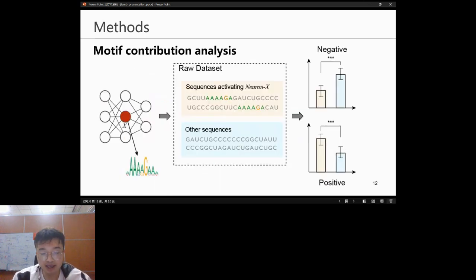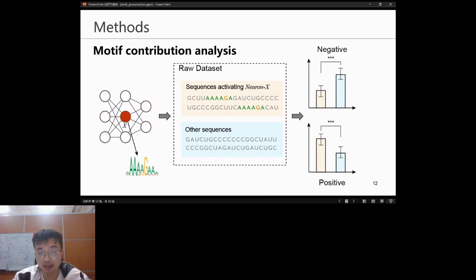Although we have obtained motifs learned by CNN, it is necessary to determine whether these motifs have a positive or negative contribution on mRNA stability or translation efficiency. Additionally, the effects of individual motifs will contribute to our subsequent analysis of motif interactions. For specific neuron X, it's a filter. We divide the dataset into two groups based on whether the samples can activate neuron X or not.